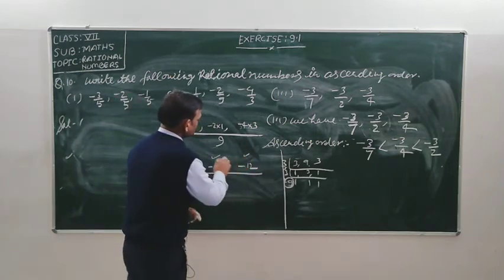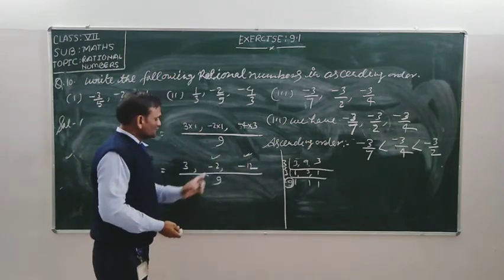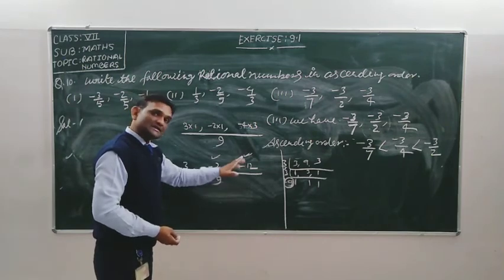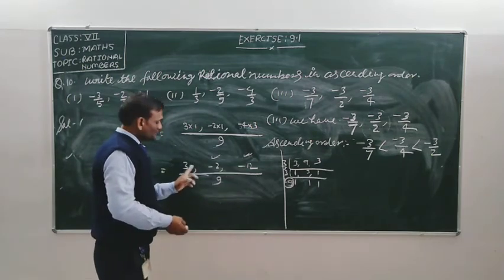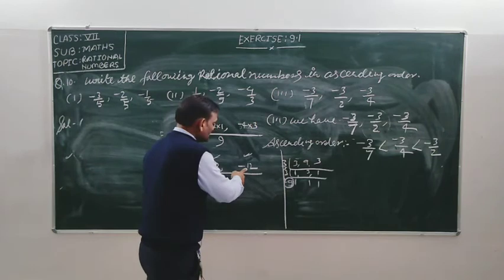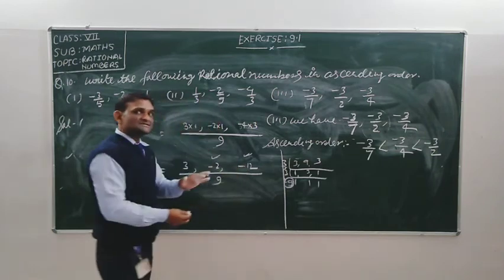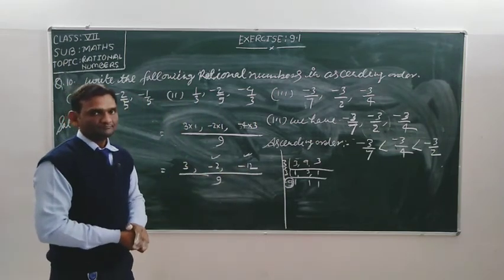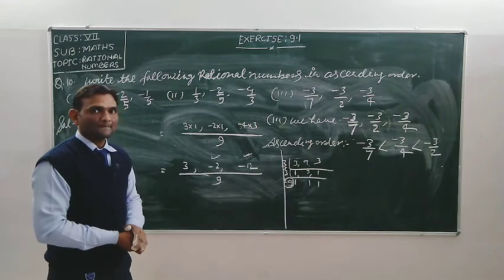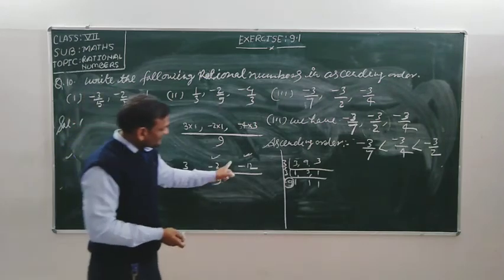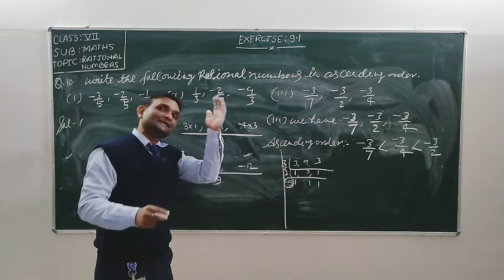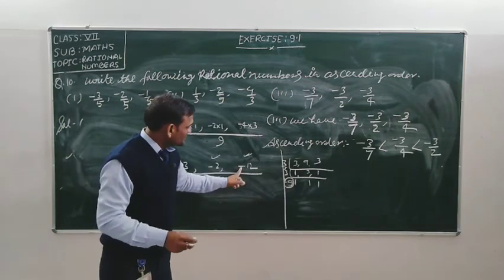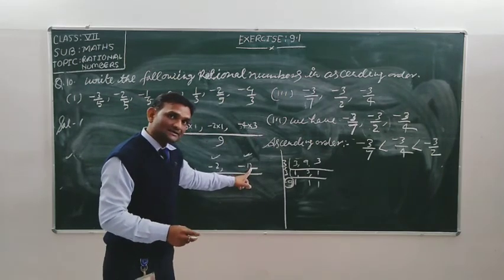These two numbers are negative. So these two are smaller than 3, but both are negative. In these two, which is smaller? That negative number which looks greater will be smaller. Means minus 12 is smaller.